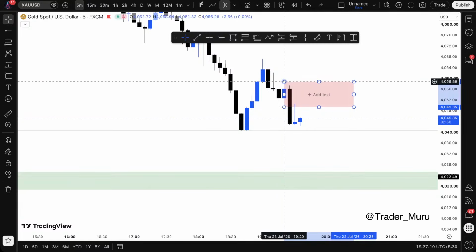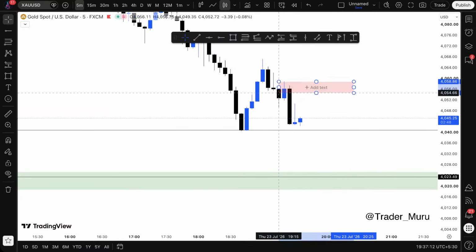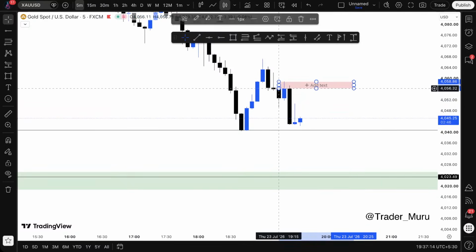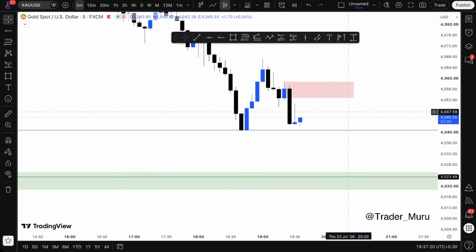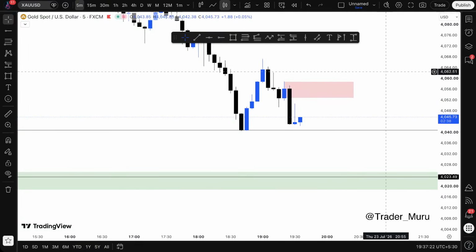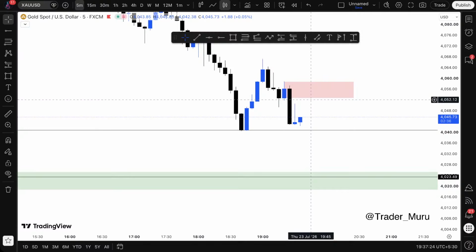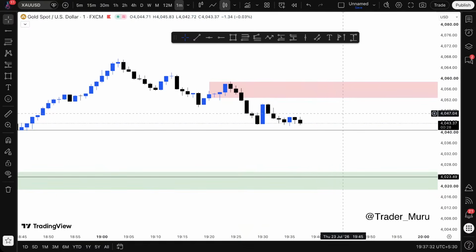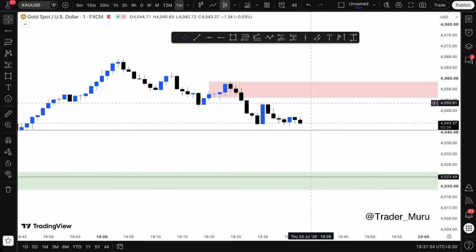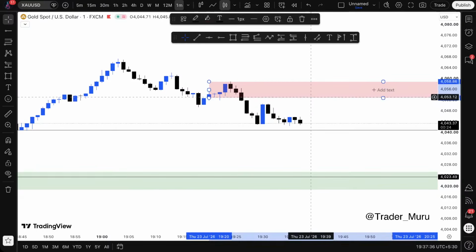I will still wait for this supply area, if I get it somewhere near here, 50 to 58, this area. One minute. Bullish. It can test our area.